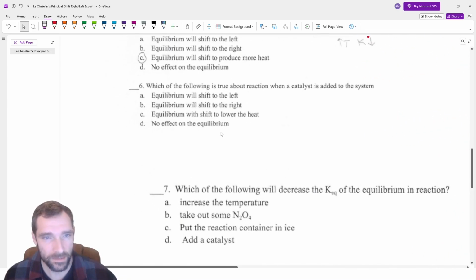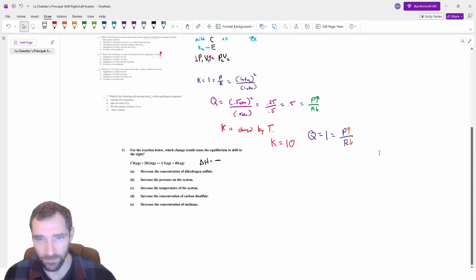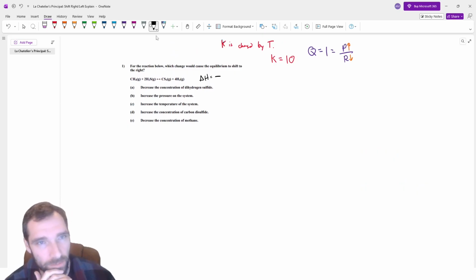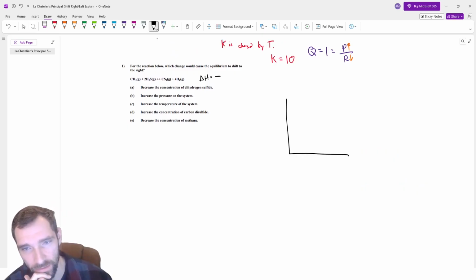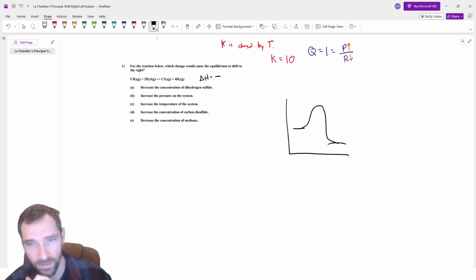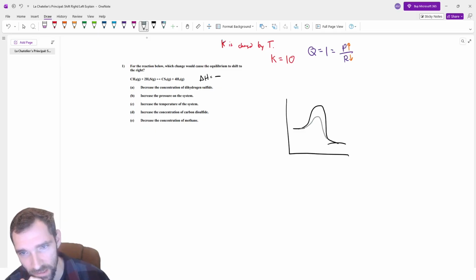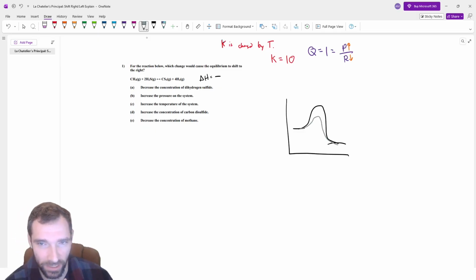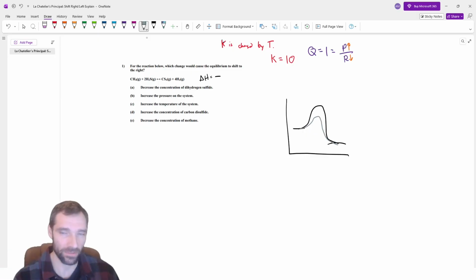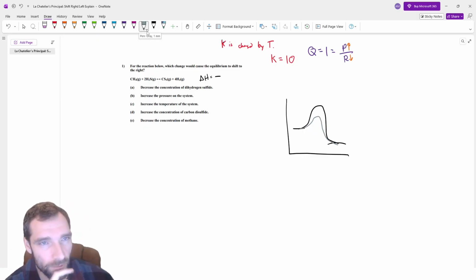Catalysts are not really going to affect your equilibrium position that much, because a catalyst is going to cause your reactants and products to have a different activation energy. So if I add a catalyst to a reaction, it doesn't change the change in H, it just changes the enthalpy for going up to the activation energy.